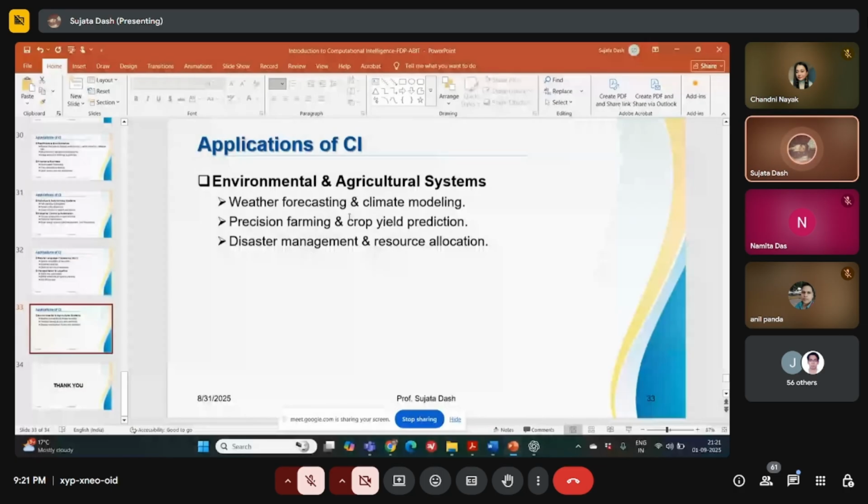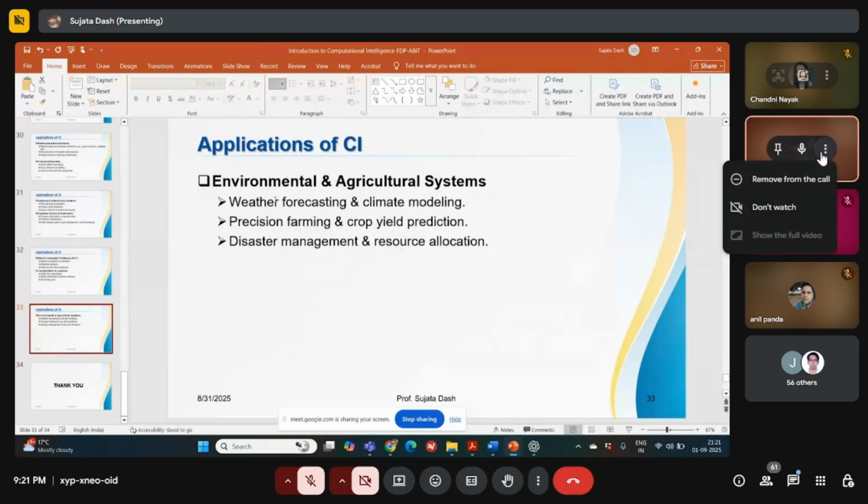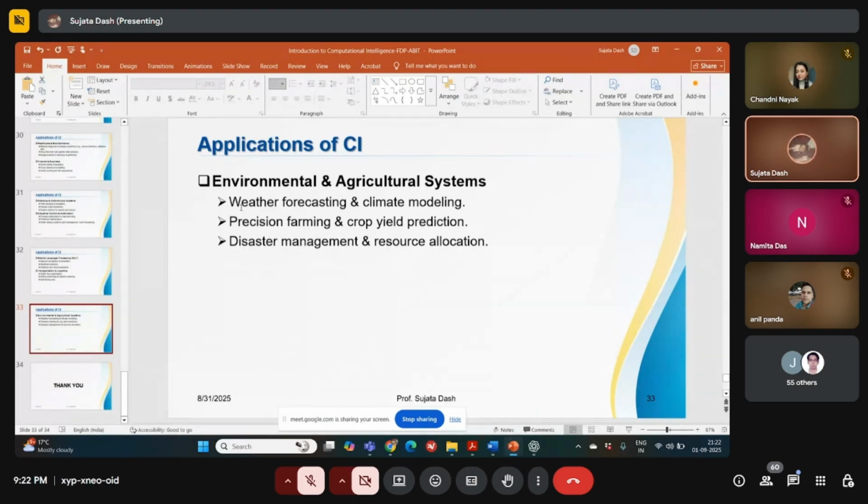Then environmental and agricultural systems. The application of CI can also be found in this area, like weather forecasting and climate modeling. Every day you must be getting information about the weather condition, forecasts for 7 days, or even on an hour-to-hour basis. Also, it can be used in precision farming, crop yield prediction, disaster management, and resource allocation.